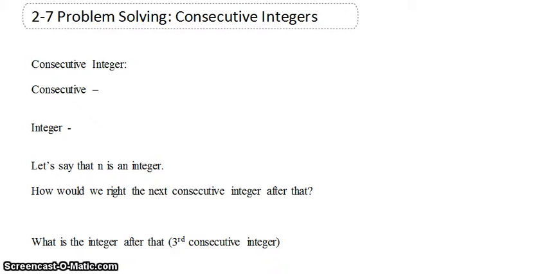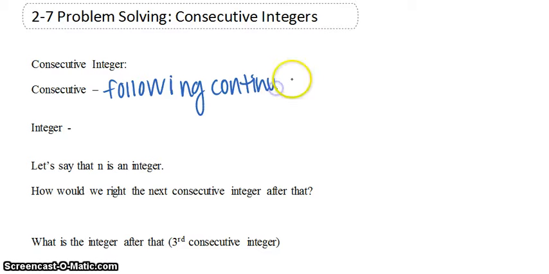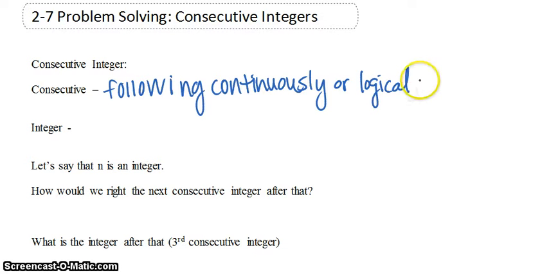Now, we're going to first define what a consecutive integer is, okay? But how we're going to do that is we're going to figure out what consecutive means and what integer means. So consecutive means following continuously, or a logical sequence, which makes sense for math.